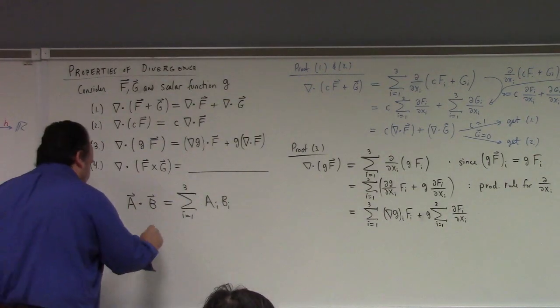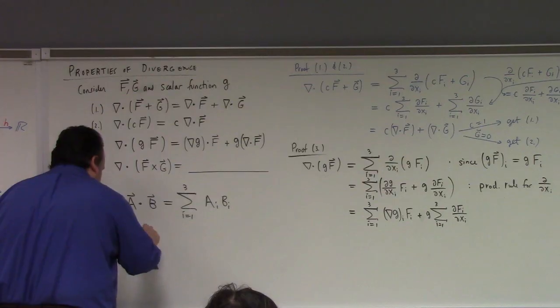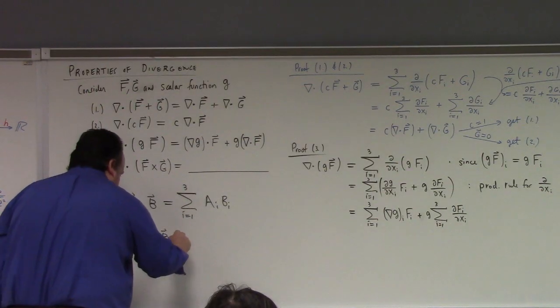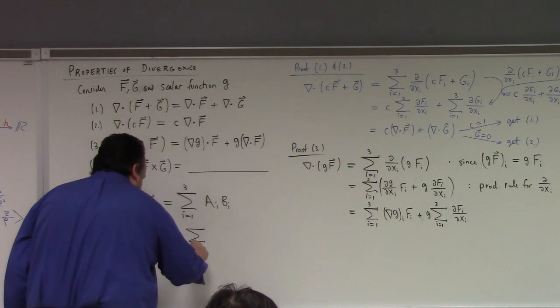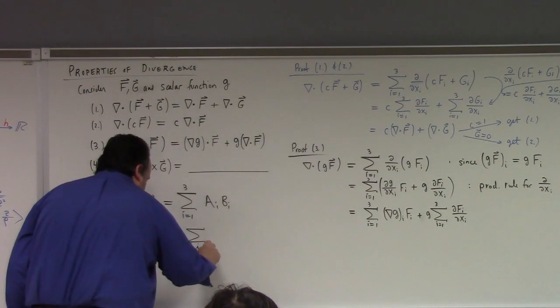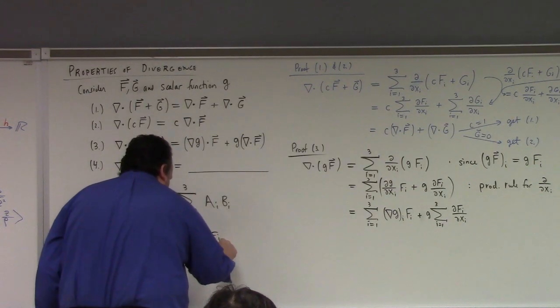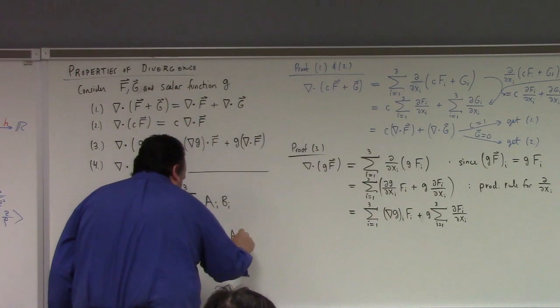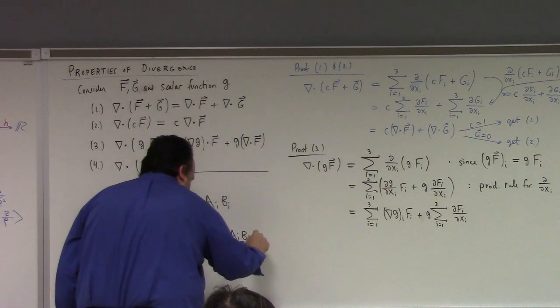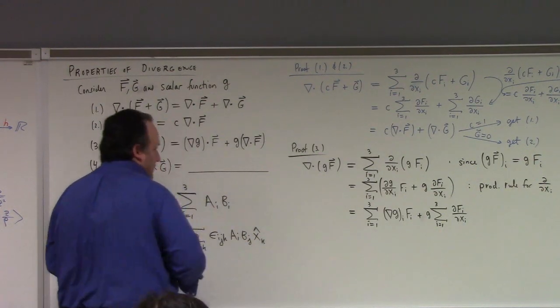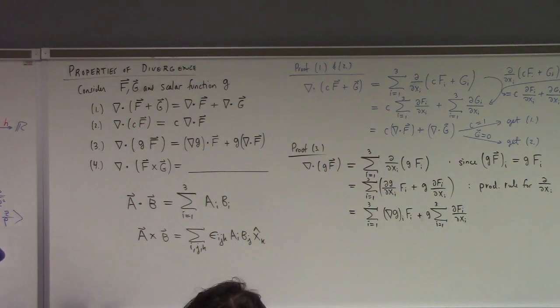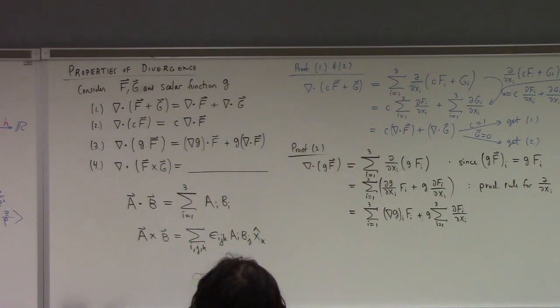Now, in contrast, the formula for the cross product is more fun. It's the sum over i, j, k of epsilon ijk, A sub i, B sub j, x hat k. Now, we don't need that one just yet, because there are no cross products in the proof of 3. I just wanted to put it out there.